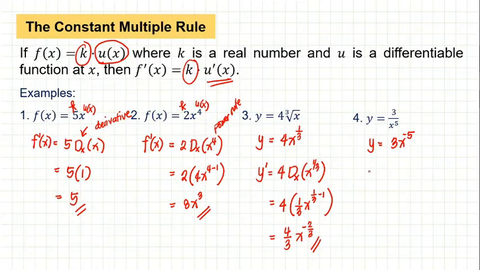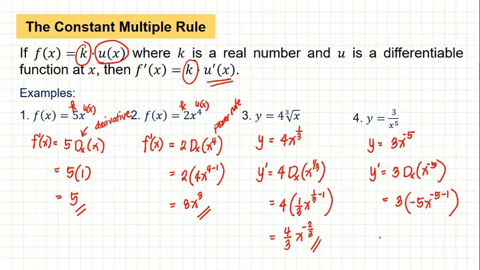And from that, we can now take the derivative. So we will copy 3 and take the derivative of x to the power of negative 5. And from that, you will have 3 times using the power rule. So we will bring down negative 5, then x to the negative 5 minus 1. And this is now equal to 3 times negative 5 is negative 15. Then you have x to the negative 6. You can have that one as your final answer.